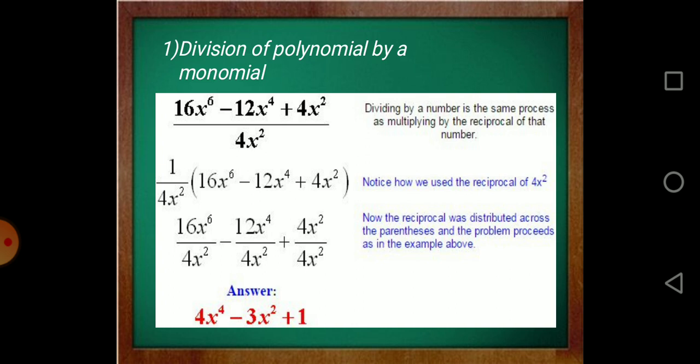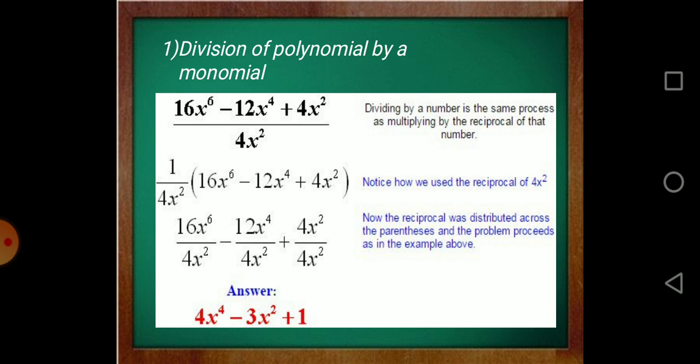16x power 6 by 4x square will become 4x to the power of 4, as x power 6 by x power 2. The laws of exponent tell us that x power 6 by x power 2 becomes x power 6 minus 2, that is x power 4. And 16 by 4 becomes 4. So, the first term of the quotient becomes 4x power 4. Then the sign is minus and the second term is 12x power 4 by 4x square.